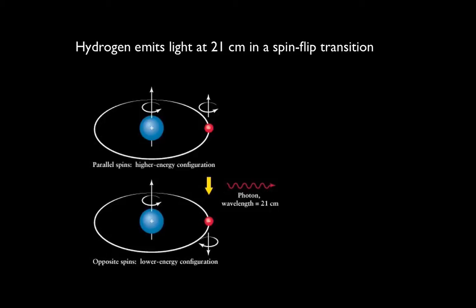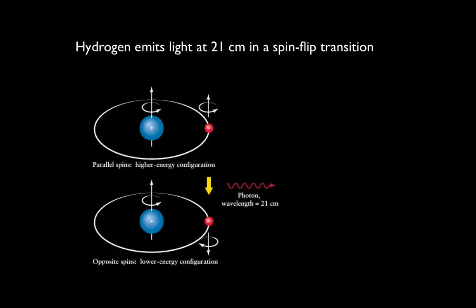Now, this is sort of a complicated quantum mechanics effect, but you can understand it fairly easily by knowing that protons and electrons have a certain spin, a certain direction of rotation, if you will. And that when the proton and the electron in the nucleus are aligned with each other, so they're both pointing in the same direction, that's a higher energy configuration than when the proton and the electron are pointing in opposite directions.